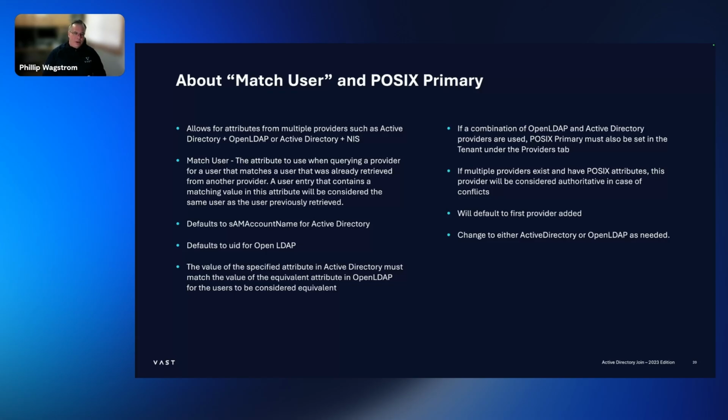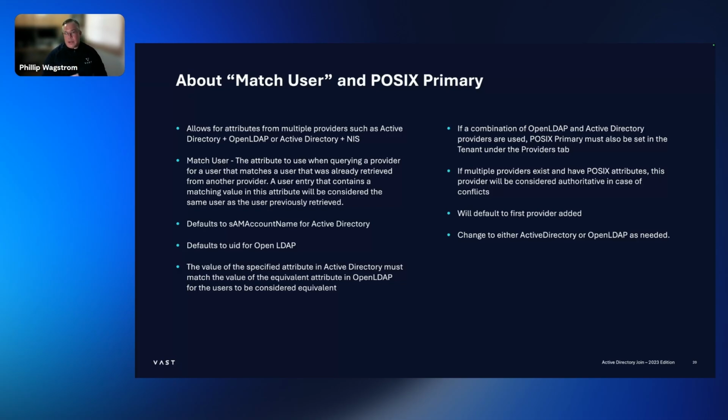My user ID number is 12345, so my primary group is 12345 for that. Now the system knows that the Unix UID number of 12345 is the same as user PWAGs, which is the same as the Windows user PWAGs, which is me, and that is that SID. So this will be treated as the same user across both protocols.